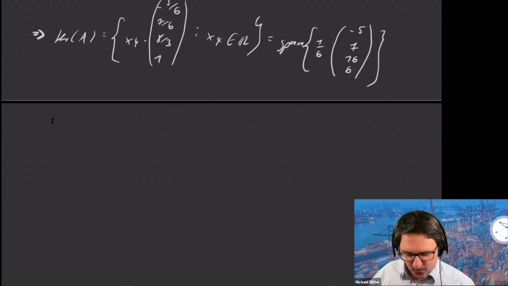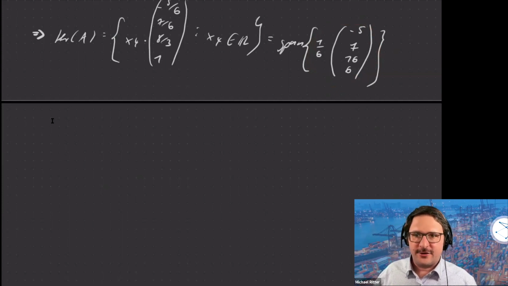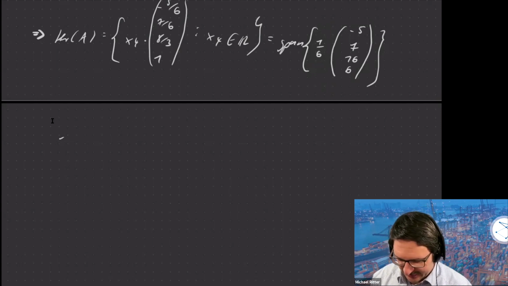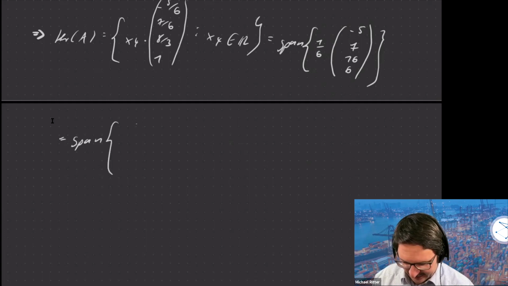So if we have just one vector here, that means the span is the set of all multiples, all scaled versions of that vector. So it doesn't really matter whether you scale that vector itself. We can just forget about the 1 over 6, right? We're taking all multiples anyway. It doesn't matter whether we multiply those by 1 over 6 before we do that. So to make that a little easier, we can just leave out that 1 over 6: -5, 7, 16, 6.